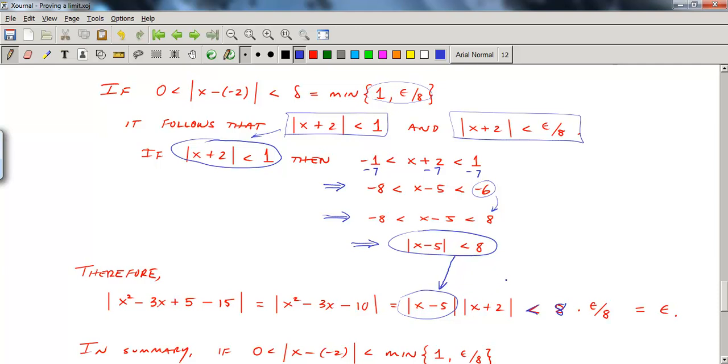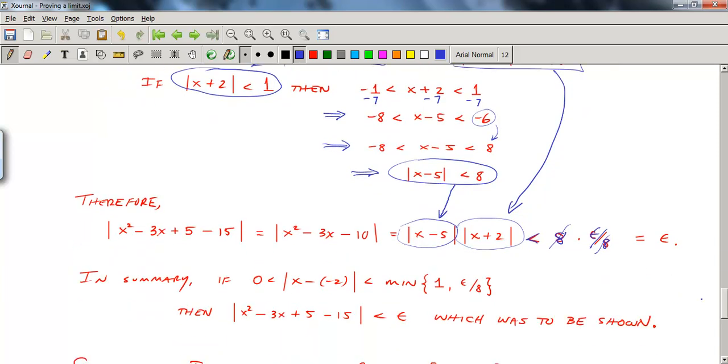But furthermore, we also know from over here that the absolute value of x plus 2 is less than epsilon over 8. And when I put those together, the 8's cancel, and lo and behold, I've demonstrated what I set out to prove.